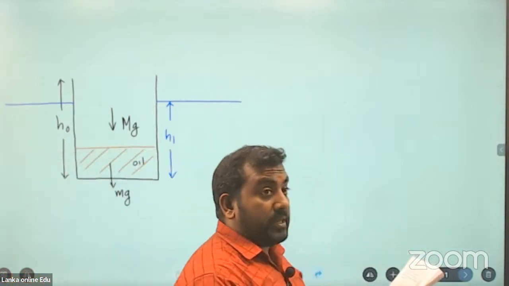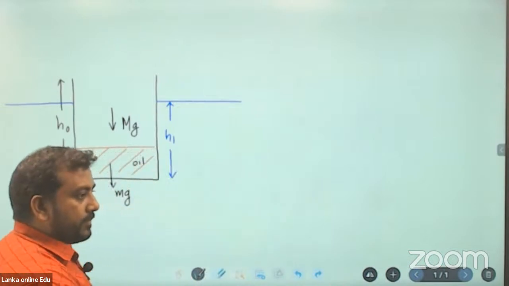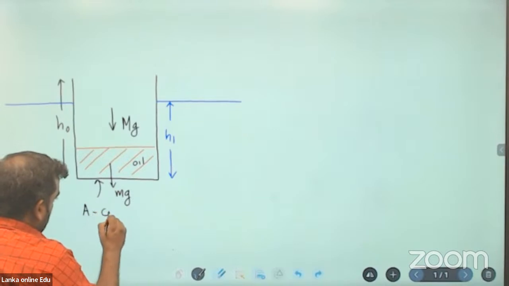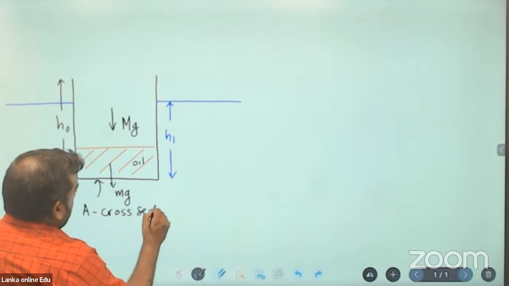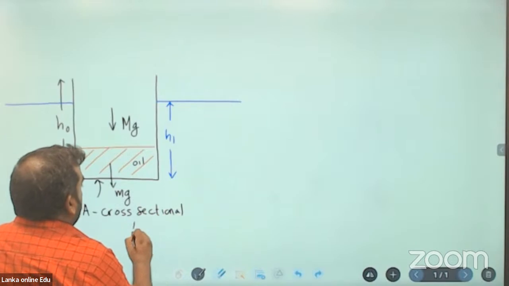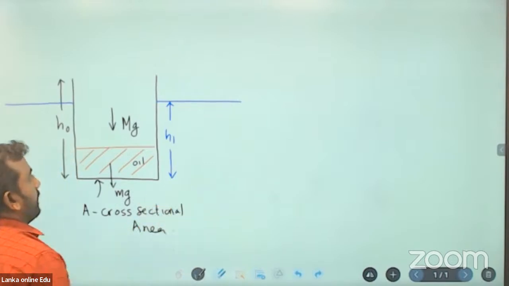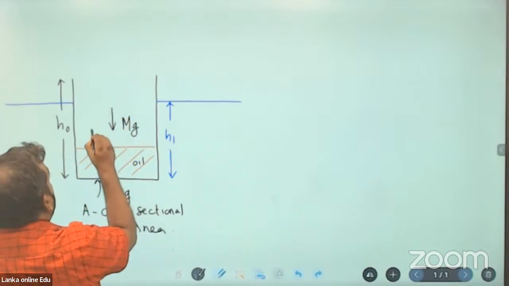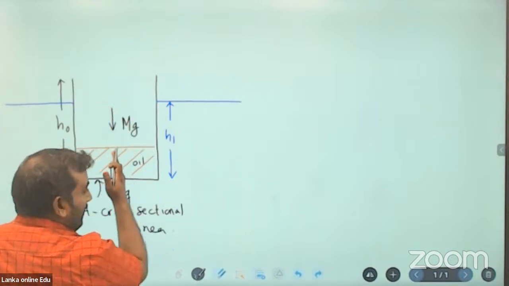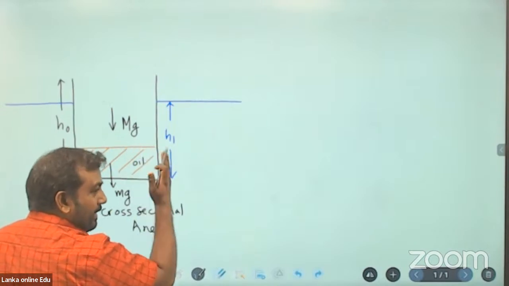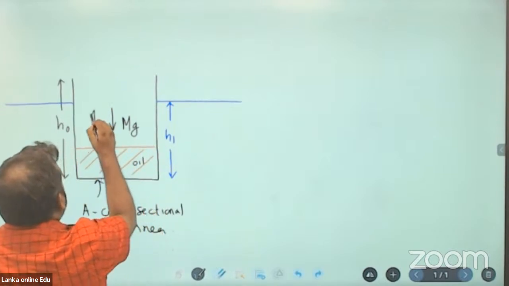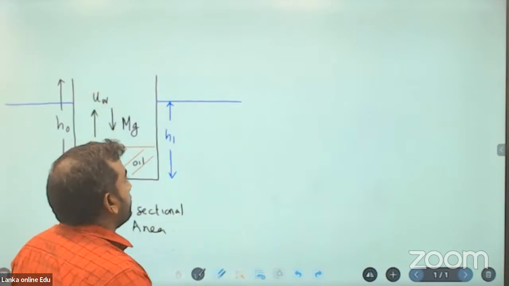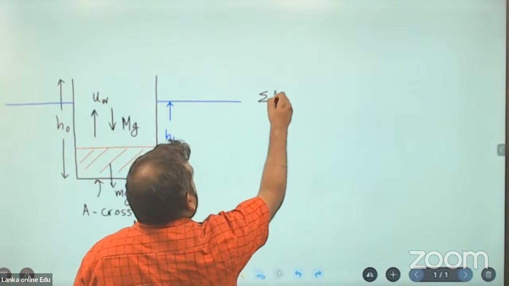They have not given you the cross-sectional area of the vessel, so I will take the cross-sectional area of the vessel as A. Upthrust is acting here. We have to mark it on the same line, but here for clarity, I'll mark it separately. Upthrust acting on it due to what? So I mark the forces here.